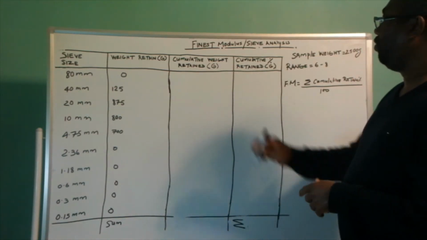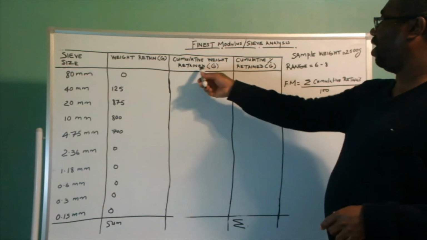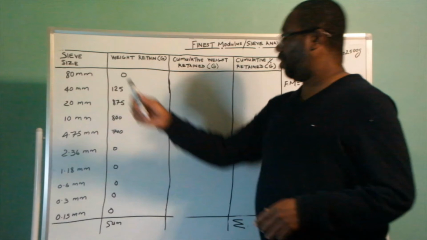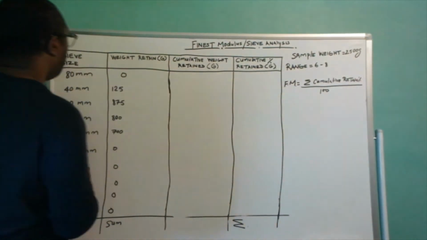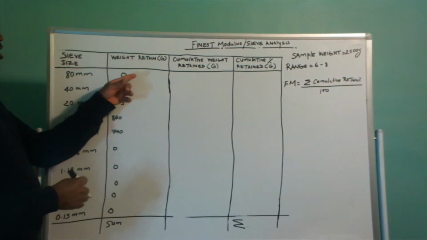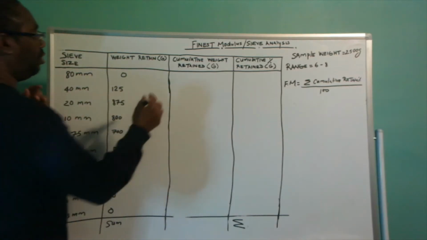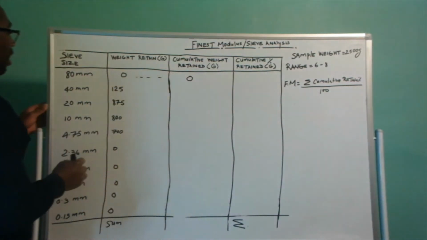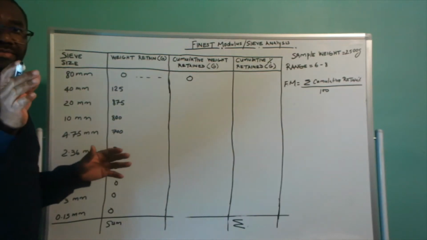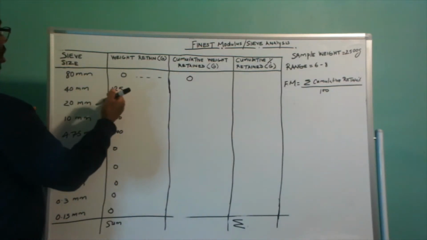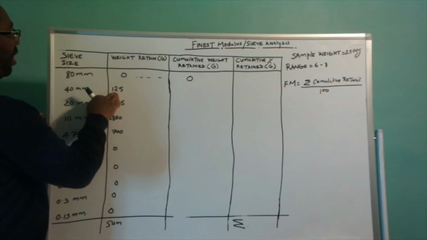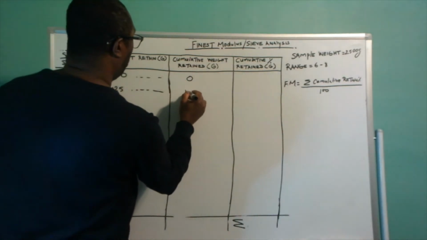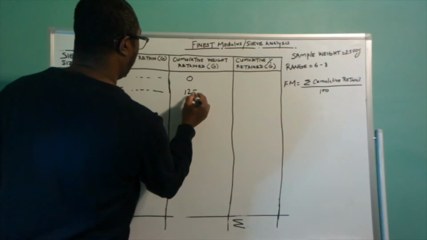We have to do the cumulative weight of retained material in grams. So the first weight of material retained, it was 0. So we bring back our 0 across, right? And then to get the cumulative weight, we had to add this 125 to 0, which comes up to be 125, right?